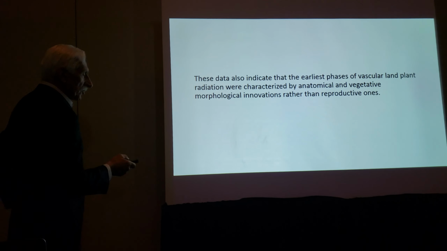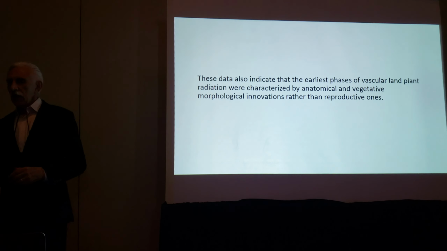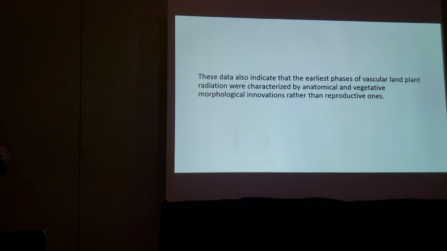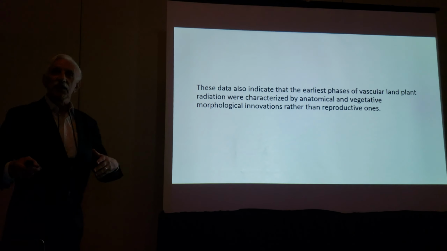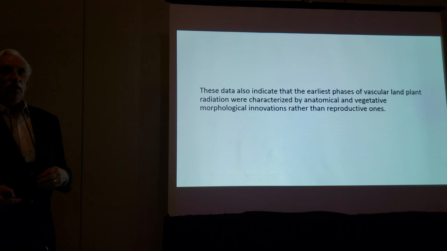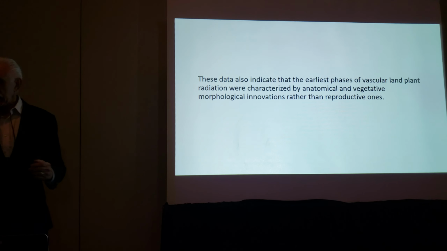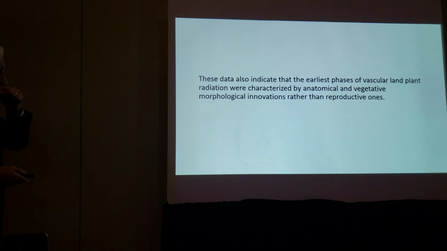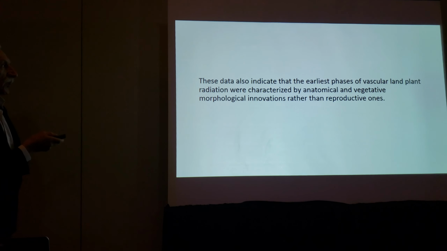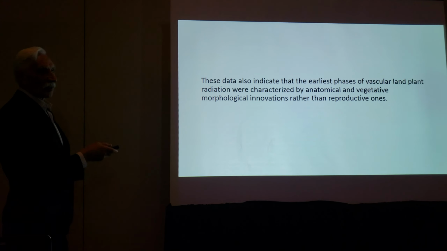Another thing that was interesting is if we took subsets of the characters that produced the tree to see how much resolution we got. It shows that, again, it's criticizable, but if you remove the reproductive characters or you remove the anatomical and morphological characters from the matrix, you get different results. And certainly early radiation is characterized by anatomical and vegetative morphological innovations rather than reproductive ones.